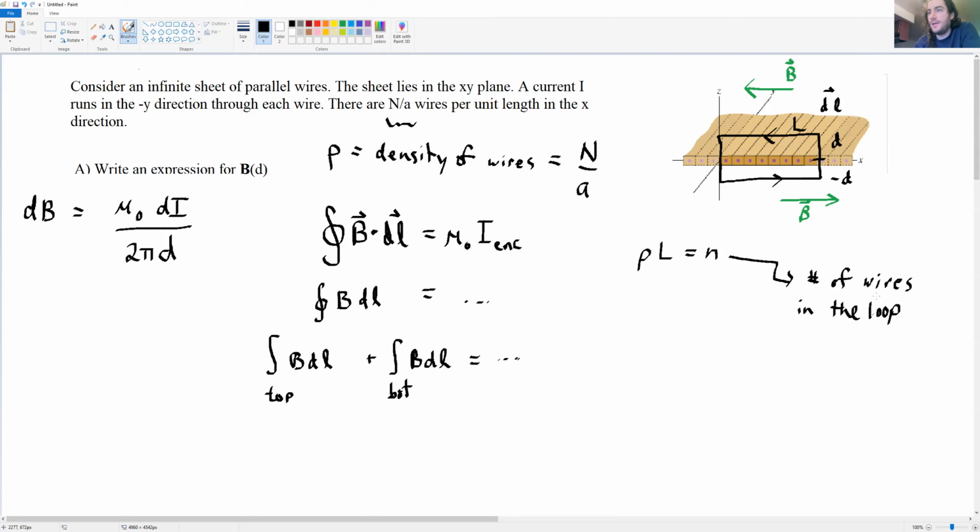So this is going to be kind of like the case of the infinite sheet of charge, where these two add up here. The integral at the top is just going to give us one contribution, B times L. And then at the bottom, it's going to be the same thing, so B times L. This is going to end up giving us 2BL, and then, of course, equals mu 0 I enclosed.